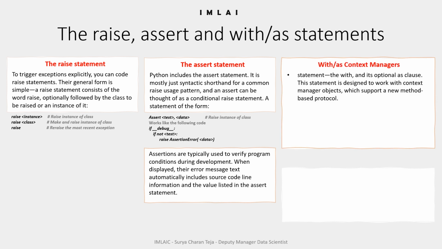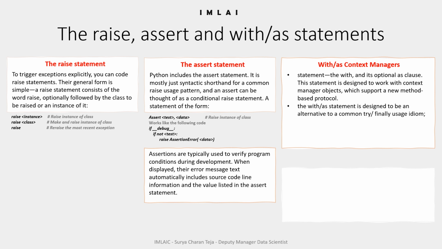So now, with/as and context managers. This is the with statement and its optional as clause. This statement is designed to work with context manager objects, which support a new method-based protocol.